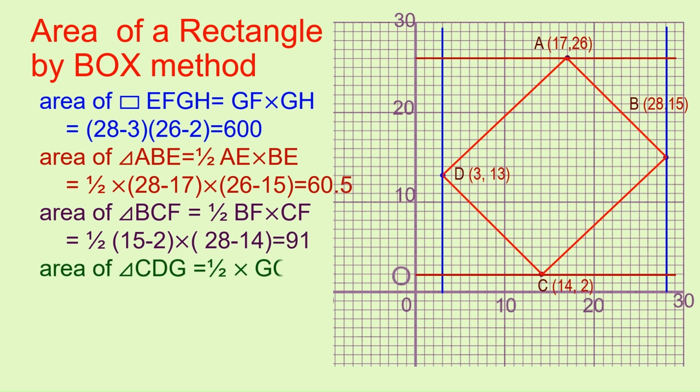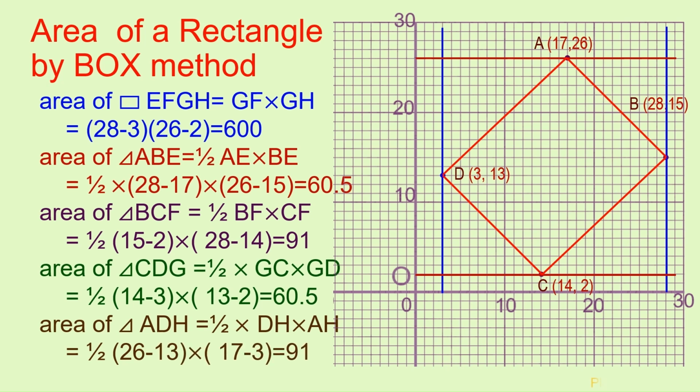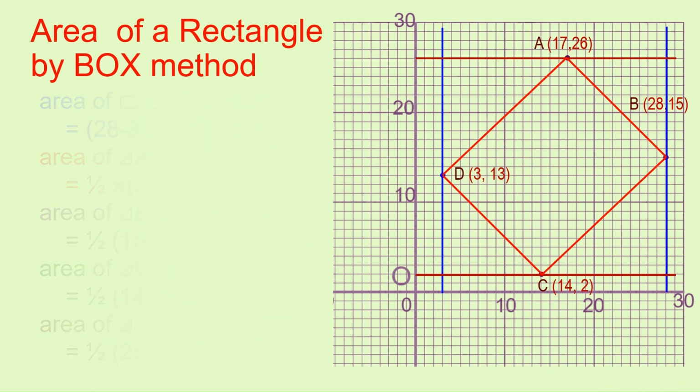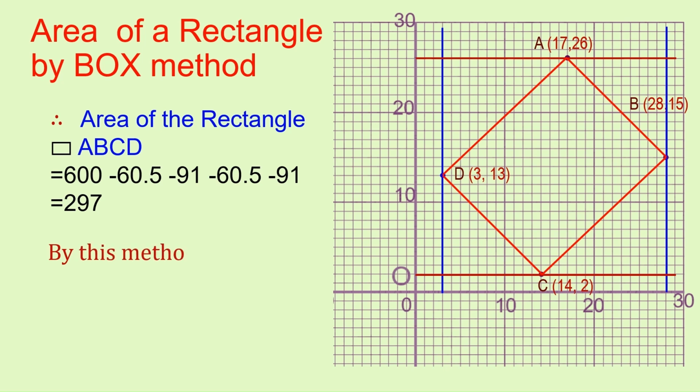Area of triangle BCF equals 1/2 BF times CF equals 91. Area of triangle CDG equals 1/2 GC times GD equals 60.5. Area of triangle ADH equals 1/2 DH times AH equals 91. Therefore, area of the rectangle ABCD equals 600 minus 60.5 minus 91 minus 60.5 minus 91 equals 297.